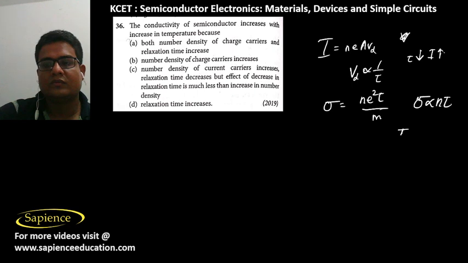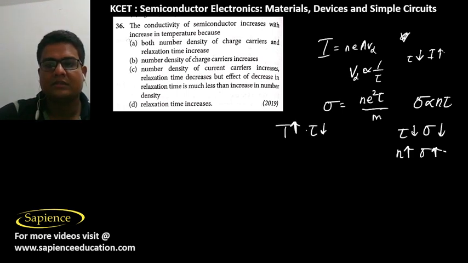So now when the relaxation time decreases, then the conductivity sigma should decrease, but when the number density of charge carriers increases, then the sigma will increase. So when the temperature increases, the relaxation time decreases and the number density increases, but the increase in the number density of charge carriers is much higher than the decrease in the relaxation time.